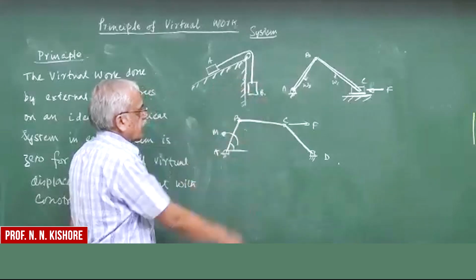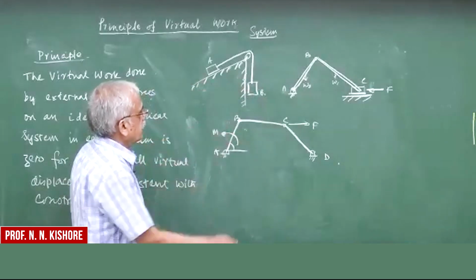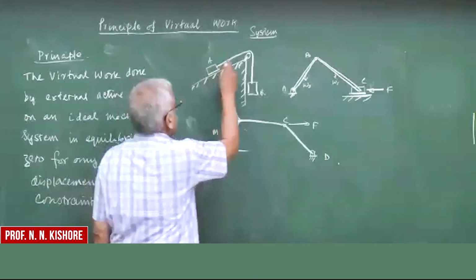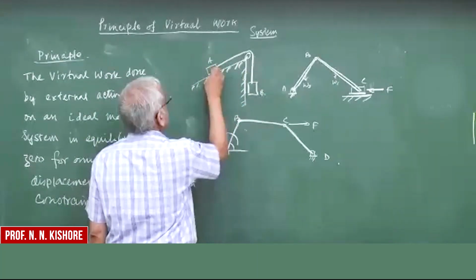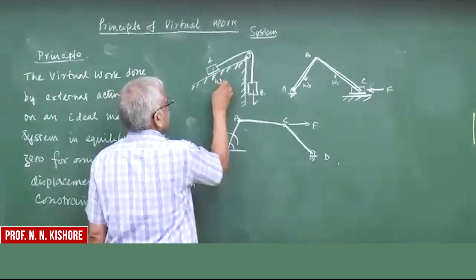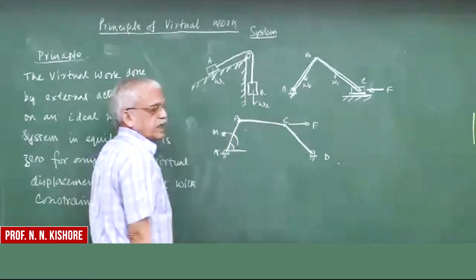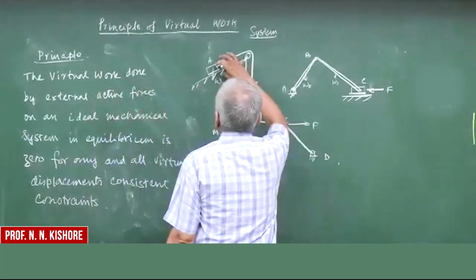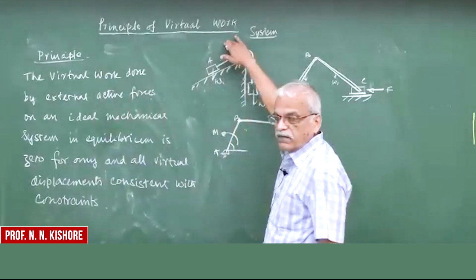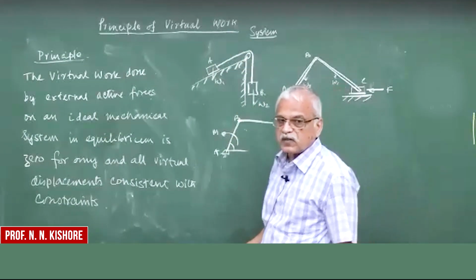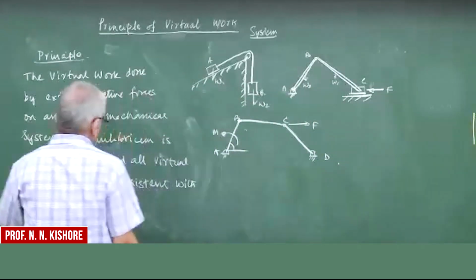So here, you can say that if there is a weight here and there is a weight here, and this is under equilibrium, then we know that if you give a small movement here, the arbitrary displacement here should be consistent with the constraints.